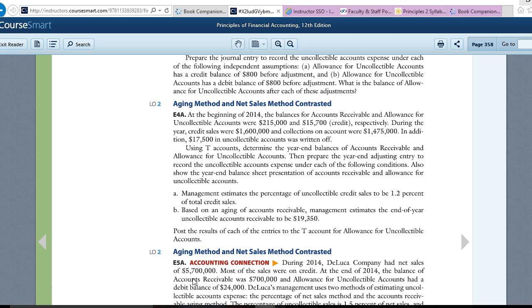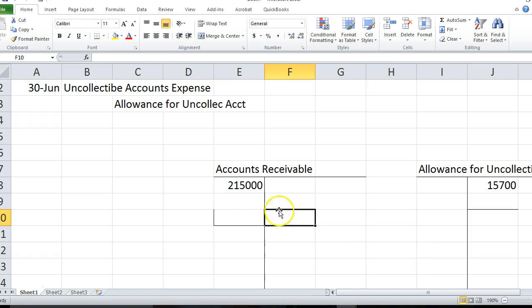So if we figure it out using method A, the accounts receivable balance started at $215,000, is that right? It started at $215,000. What were our credit sales during the year? $1,600,000. And then what did it say it collected during the year?